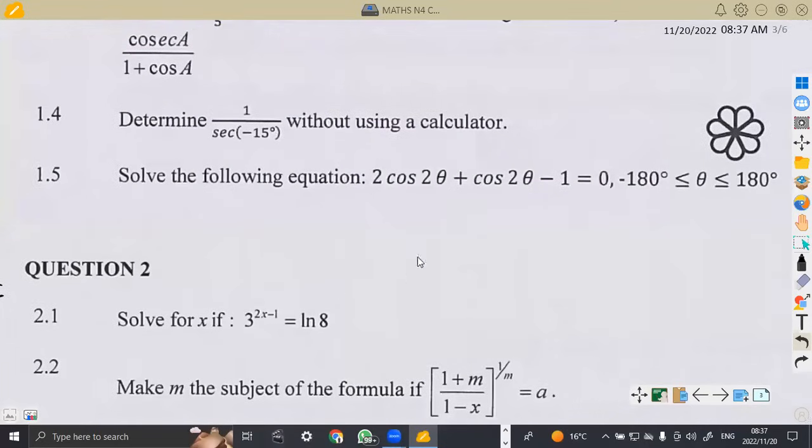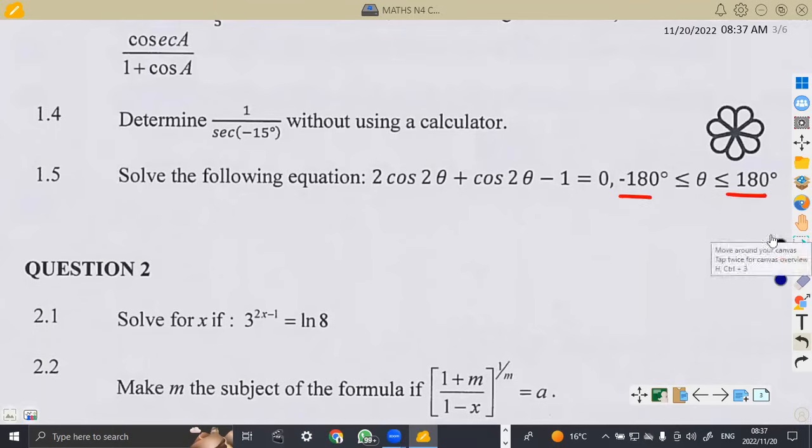Okay, that is it. 1.5, we are now asked to solve the following equation. That's a trig equation, from minus 180 up to 180 degrees. Take note of the interval that you're given. Your theta is supposed to be taken from minus 180 degrees up to 180 degrees.